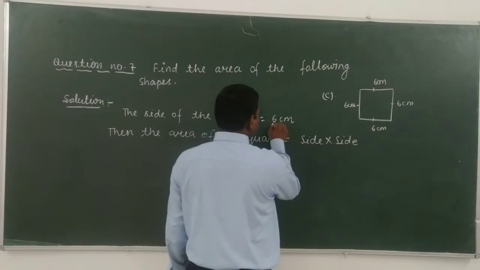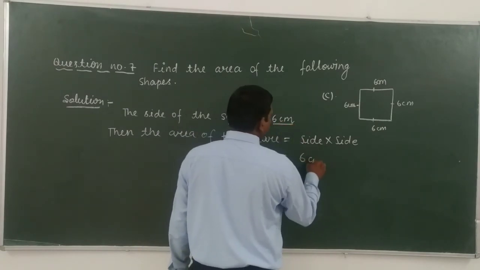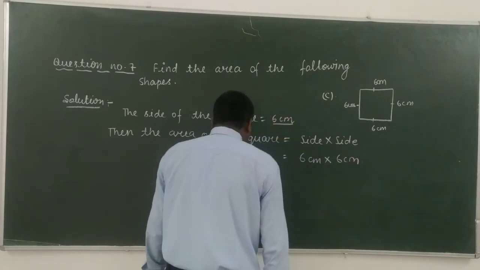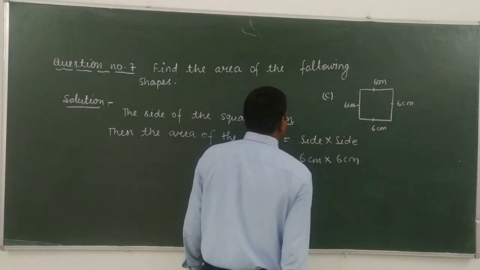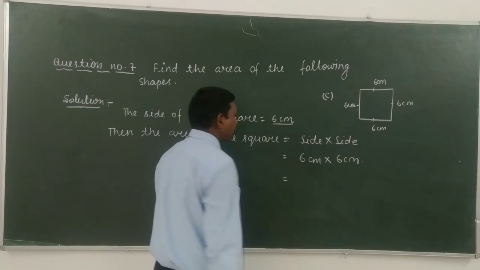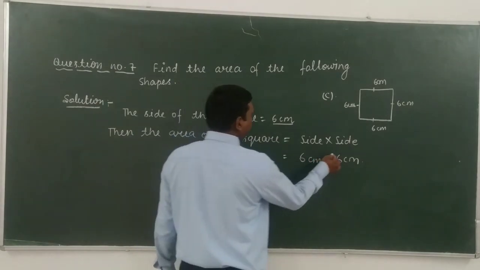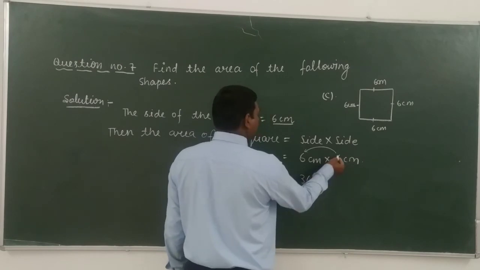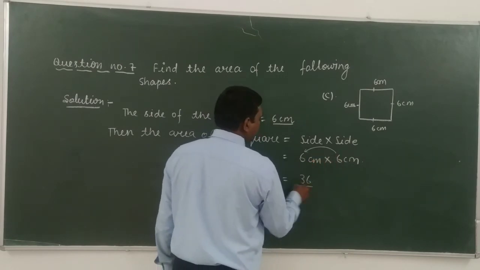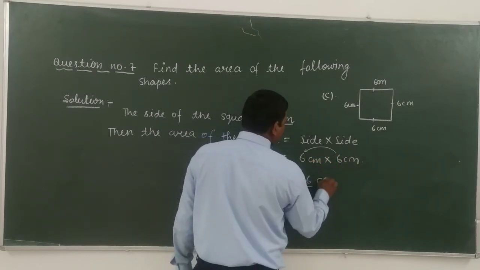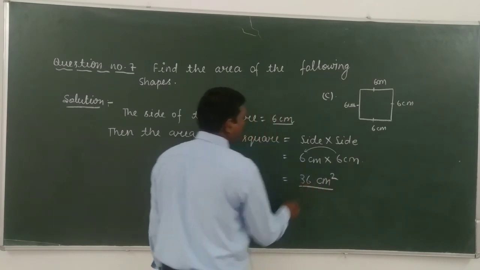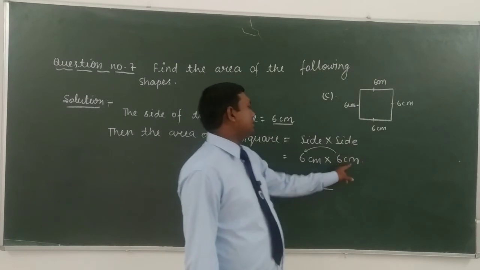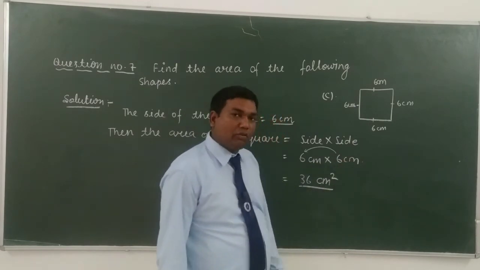Therefore we can write 6 centimeter in place of side, 6 centimeter in place of side. After multiplying these, 6 6 is 36. After multiplying these we get 36 centimeter into centimeter, which is square centimeter. Dear students, if we multiply centimeter by centimeter, then we get centimeter square. Understood?